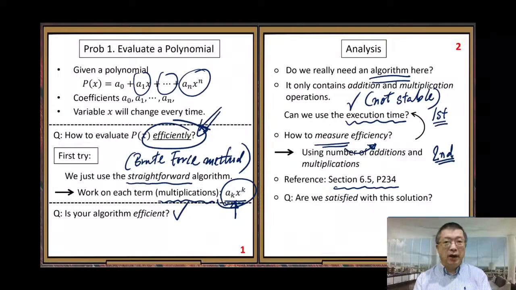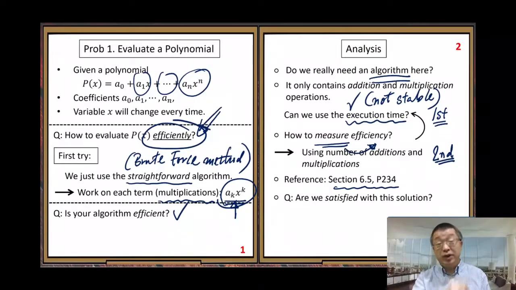In order to answer this question, we need to do a lot of analysis work, a lot of comparisons. After we see the comparison result, then we can have a better answer.